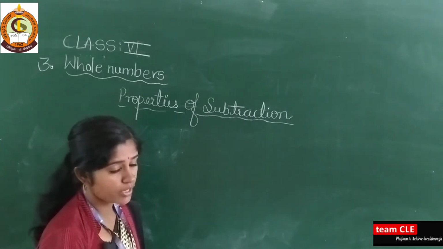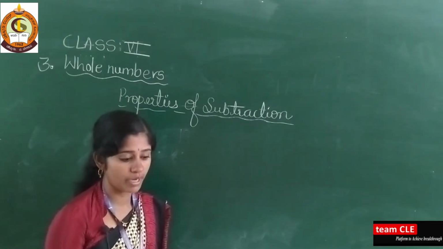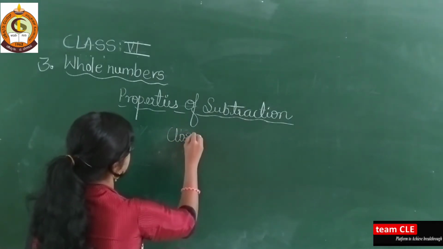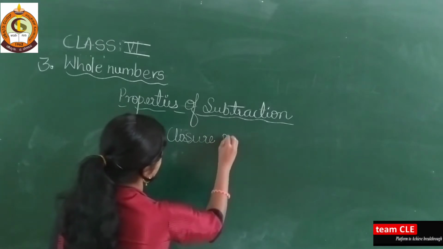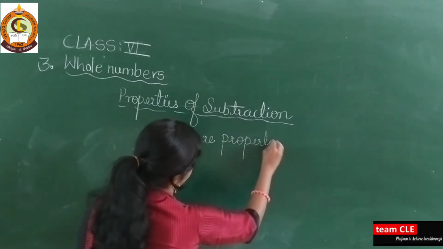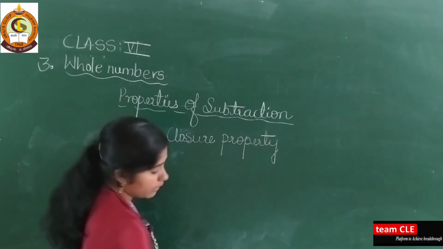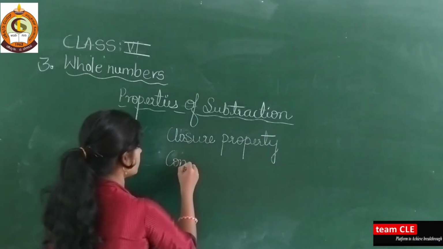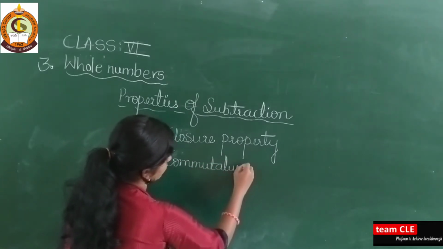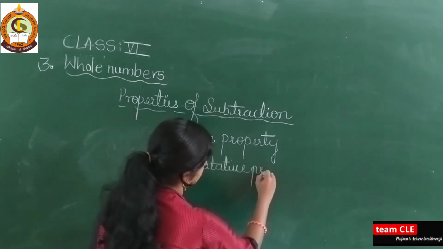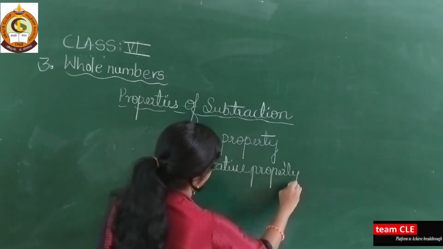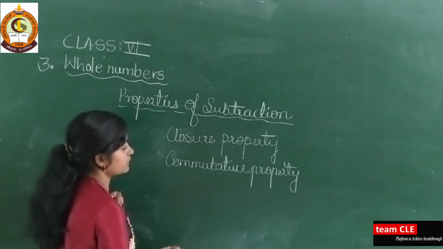subtraction. Dear students, when you are learning the properties of addition, you have a closure property. First one is closure property. Okay, next one is commutative property. If you understood this, then only you are going to understand today's class, the properties of subtraction.